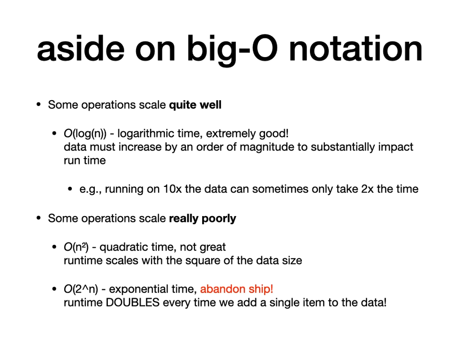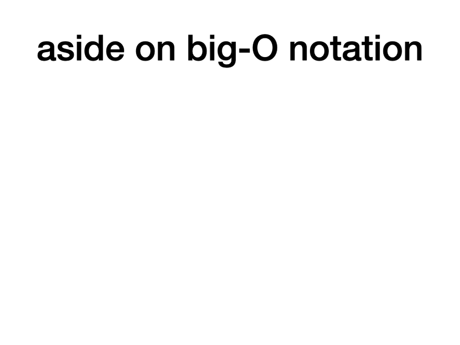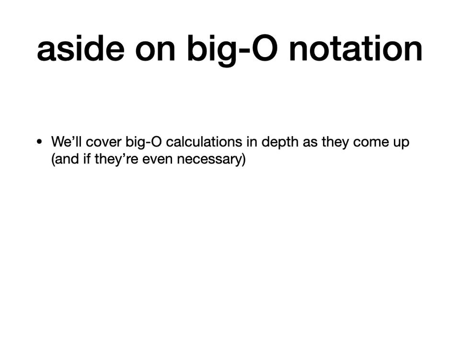And we'll touch on examples of these, but the big idea is big O notation helps us quickly capture how well something will scale to a very large setup. So, we'll talk about these more in depth, in concept, as they come up, if that's even necessary.